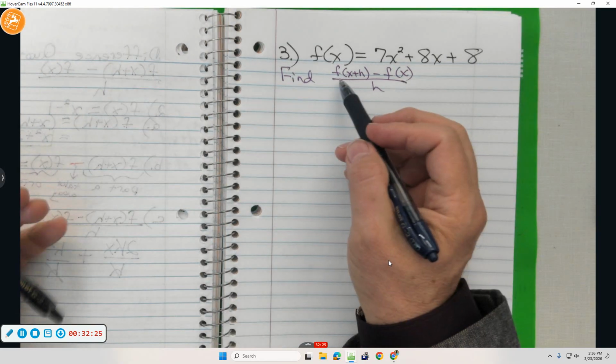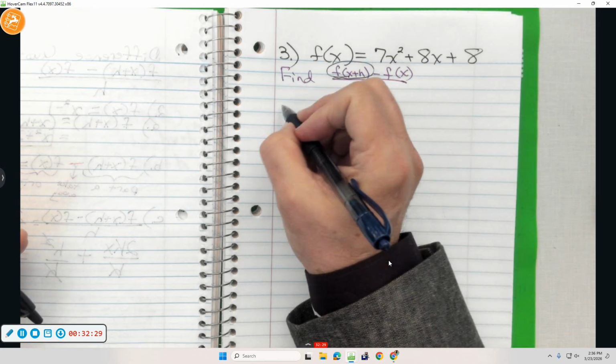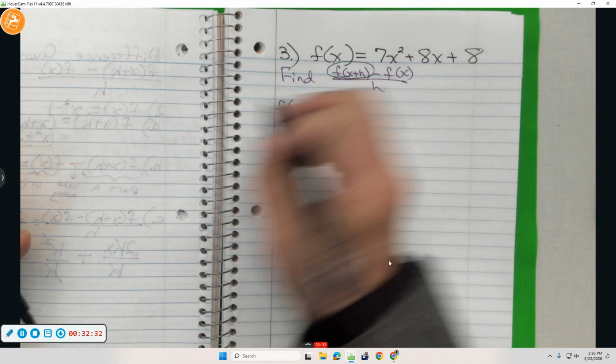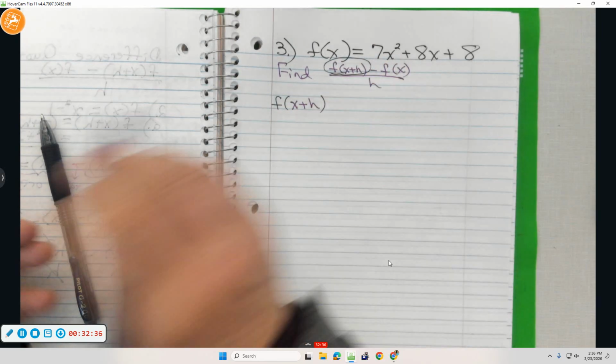Okay, the first thing we're going to do, we're going to find that f of x plus h. That says go to f, everywhere you see a variable, write in x plus h.